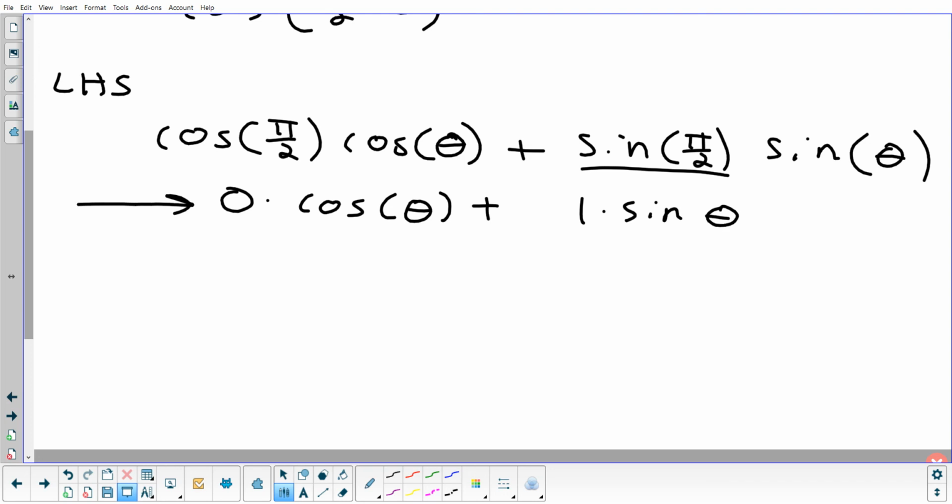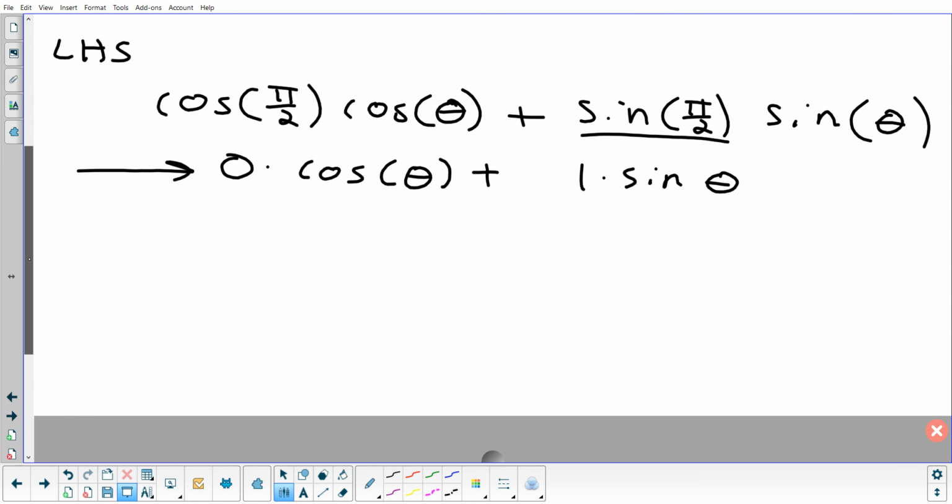What's going to happen at this step? Well, what's going to happen with this first part?